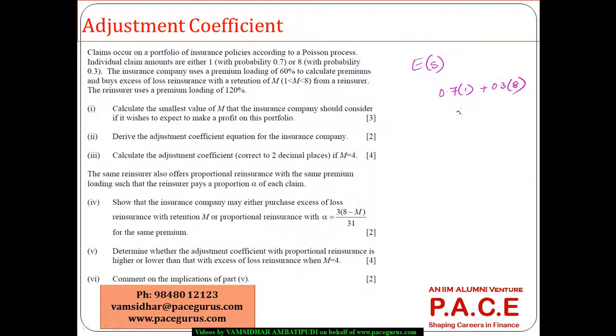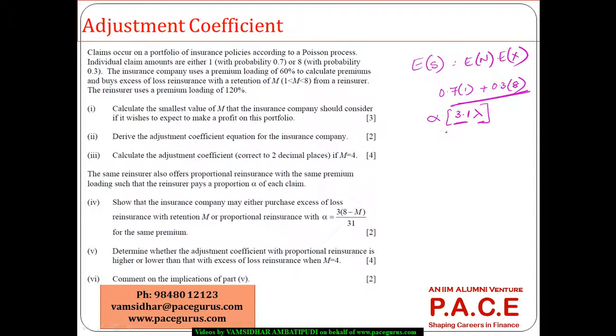On one single policy, the expected claim is somewhere around 3.1, and we have a number of policies. Expected number of policies is lambda. So expected value of S is expected value of N times expected value of X. Expected value of X is 3.1, expected value of N is lambda. So this is the typical expected claim amount on the original, and on this expected claim amount, a proportion alpha is what is being paid.